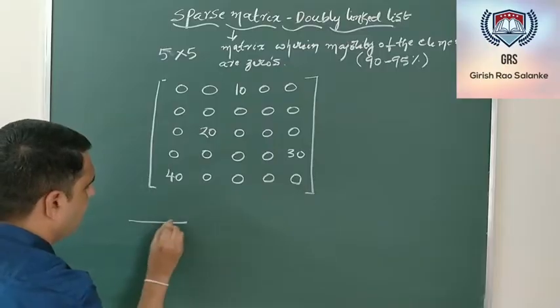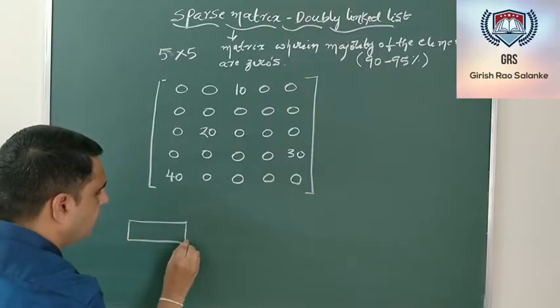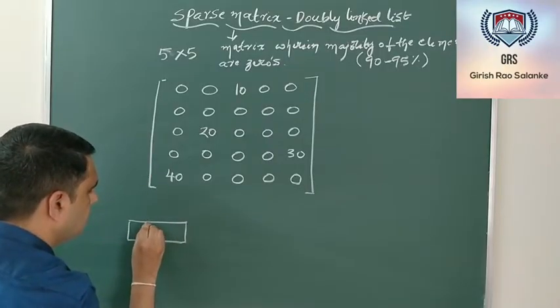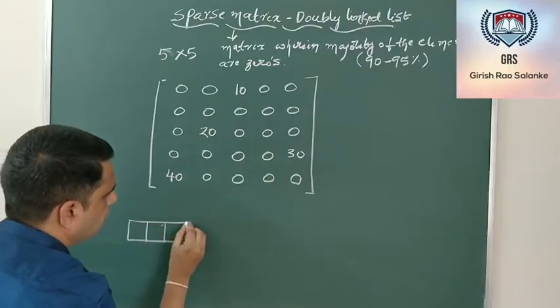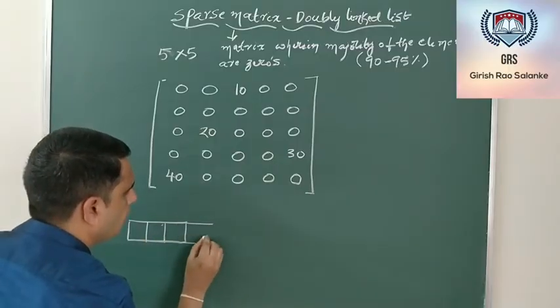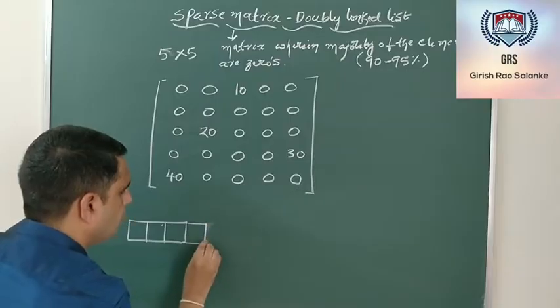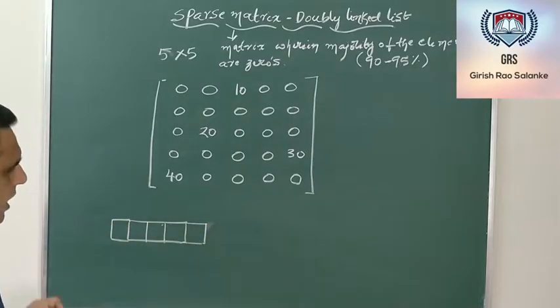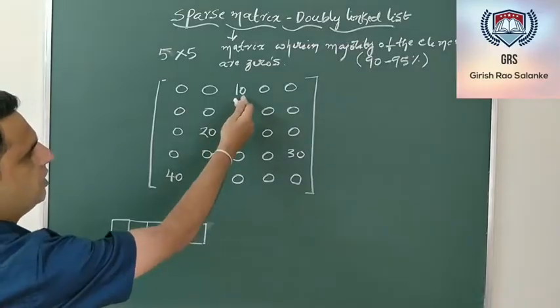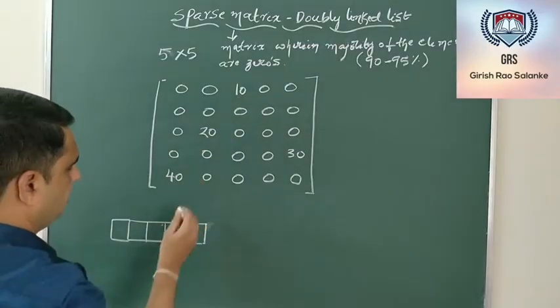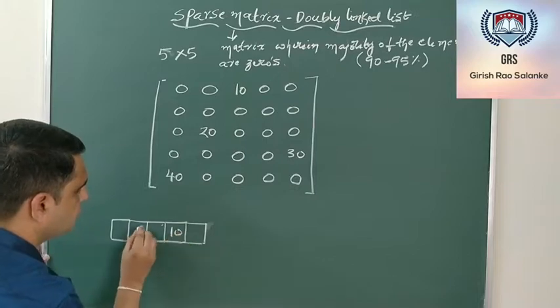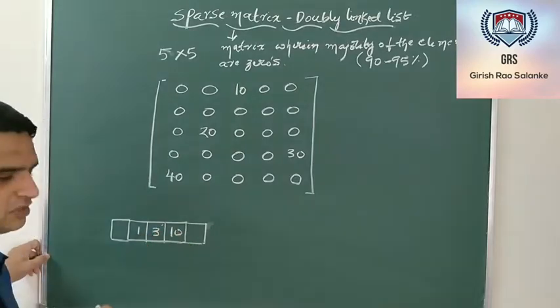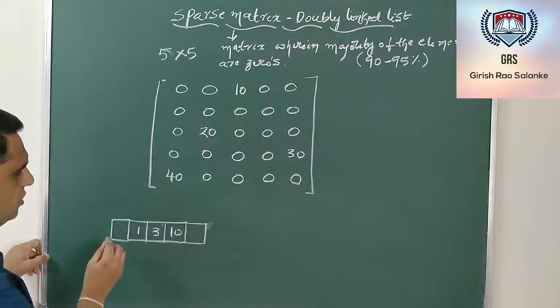So let me have a doubly linked list. The information that I am supposed to store here is 10. Note that 10 is there in first row, third column.